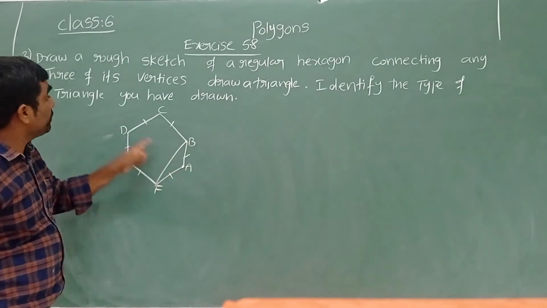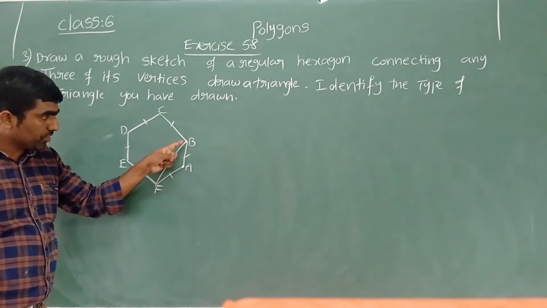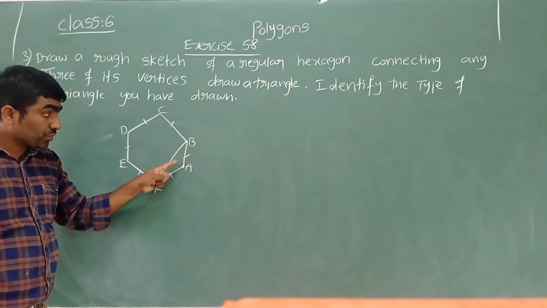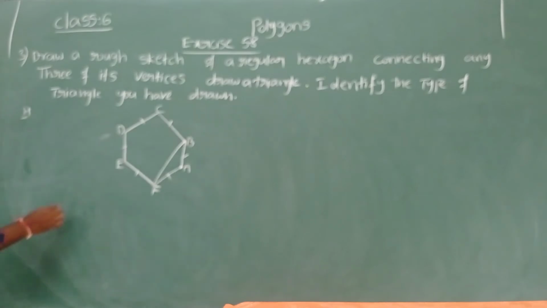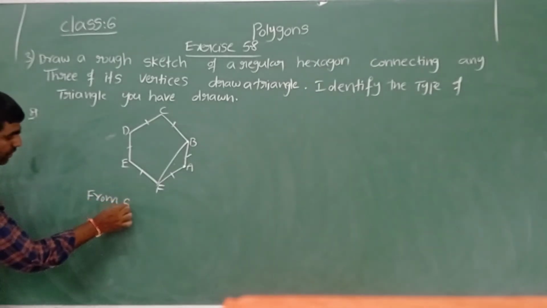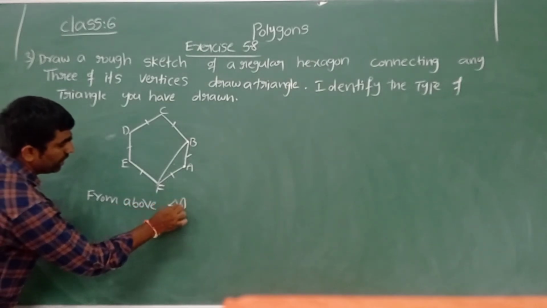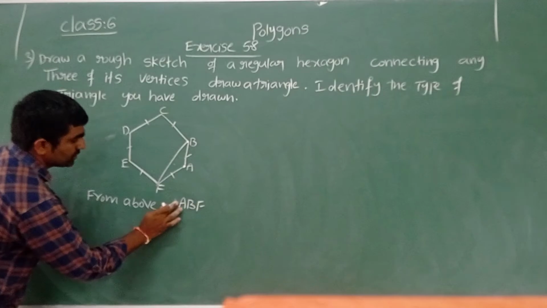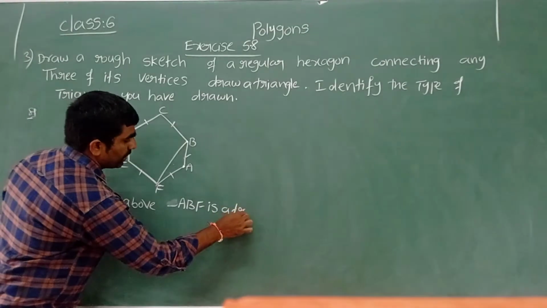Now identify the type of triangle. Which type of triangle is it? Already we know that AB is equal to AF. Two sides are equal. It is called an isosceles triangle. Yes. From above we can write ABF is a triangle.